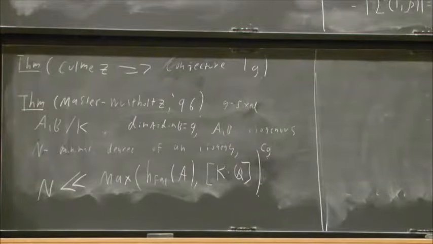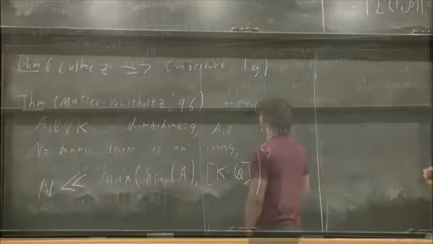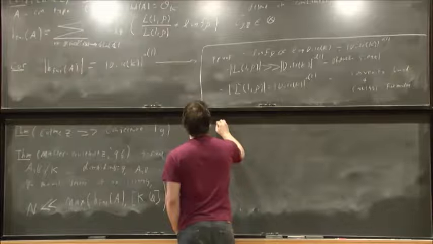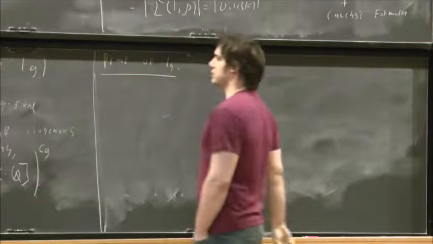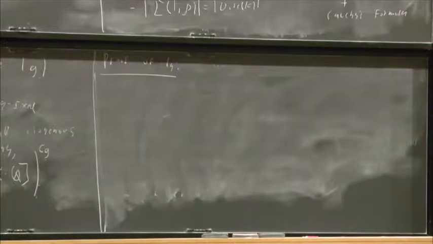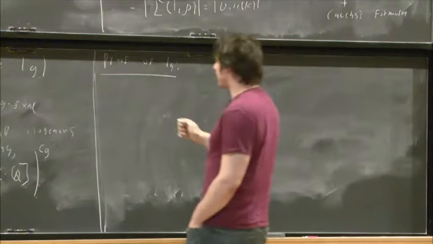OK, and it turns out that these two are sufficient to prove conjecture 1G. So let me now give you the proof of 1G from these two guys. And we'll do it as follows.